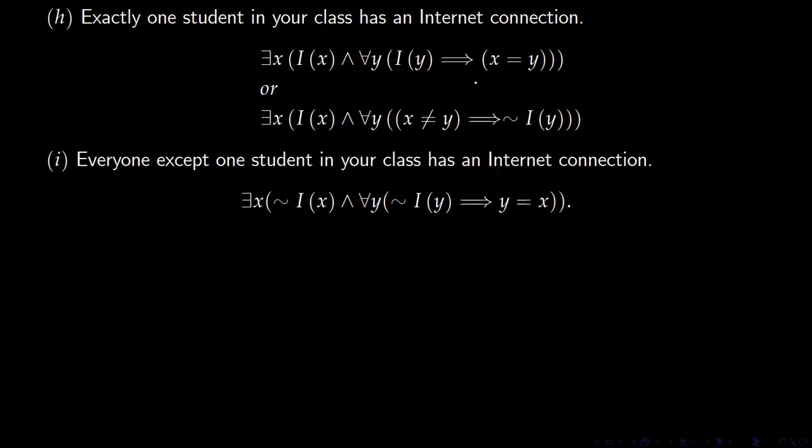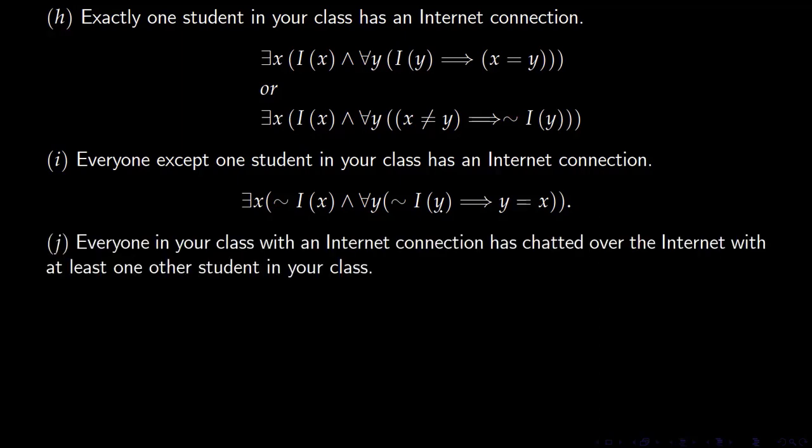This can be represented like this: there exists a student X such that X does not have an internet connection, and for all Y, if Y does not have an internet connection, then Y equals X. That means student X does not have an internet connection, and any other student who does not have an internet connection has to be the same student X. That means there should not be any other student without an internet connection.